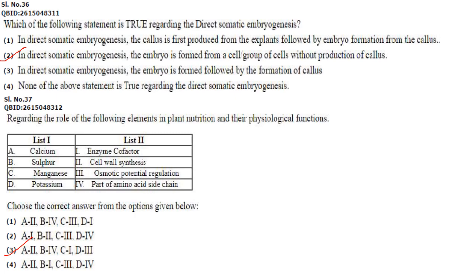That is correct. In direct somatic embryogenesis, the embryo is formed followed by formation of callus. No, there is no callus formation. None of the above statements is true regarding direct somatic embryogenesis. So the answer here is option 2.